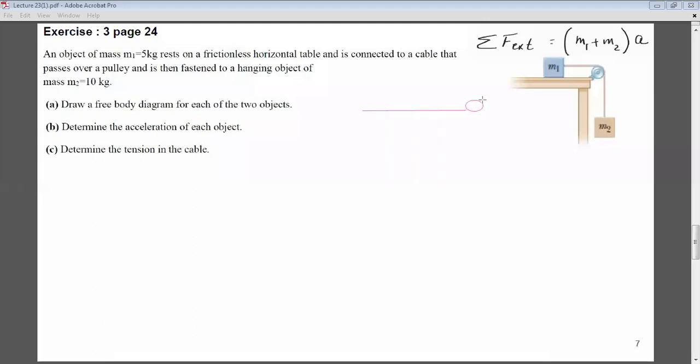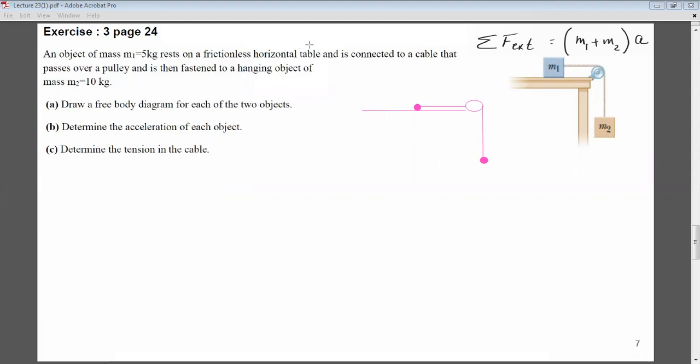Now this is my first object, and this is my second object, and they are connected by a string. Let's draw the surface and the objects.